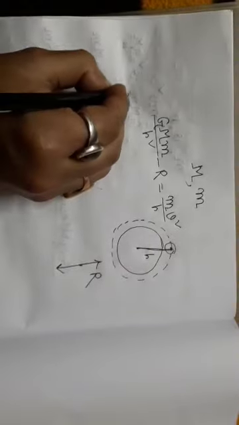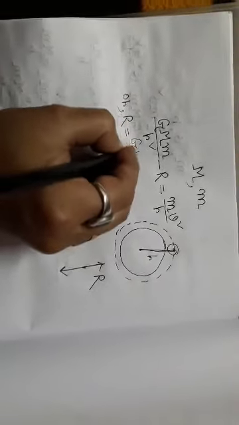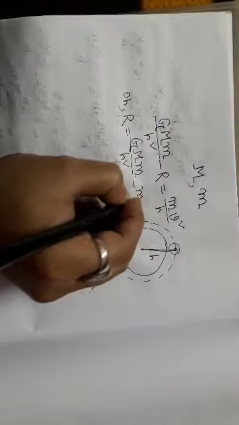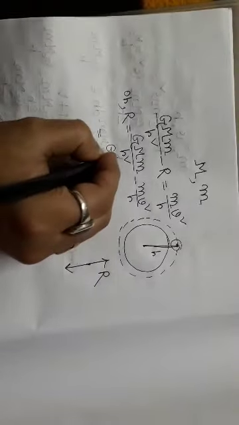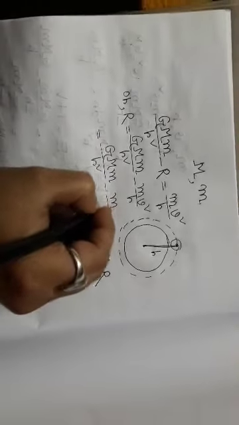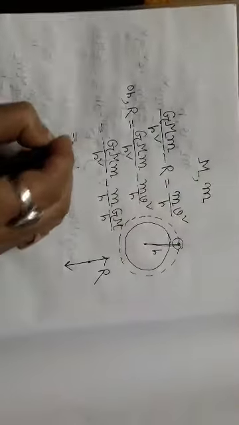So my R will be G M m by r square minus m v square by r. Okay, so if we simplify it, now what will be my v square? We all know that the orbital velocity of an artificial satellite is given by v square equals GM by r, so this is simply 0.